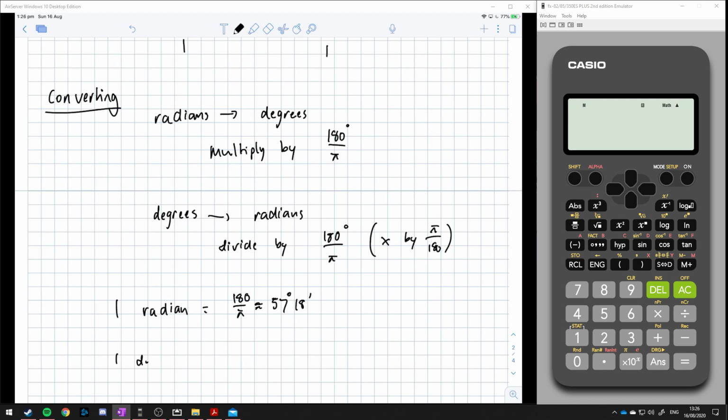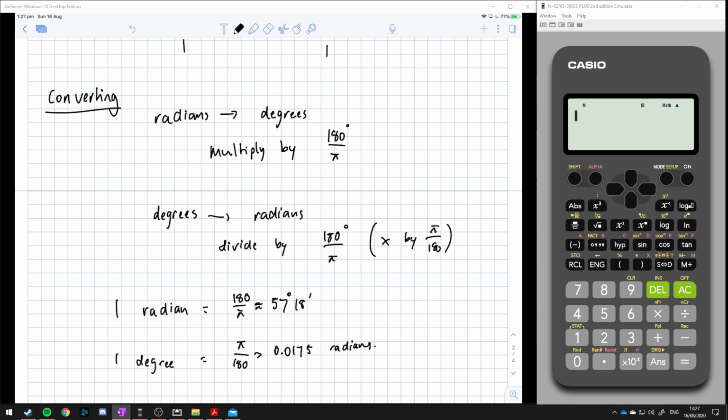And 1 degree is approximately equal to pi on 180, which is 0.0175 radians. Okay, so just some conversion rates there.